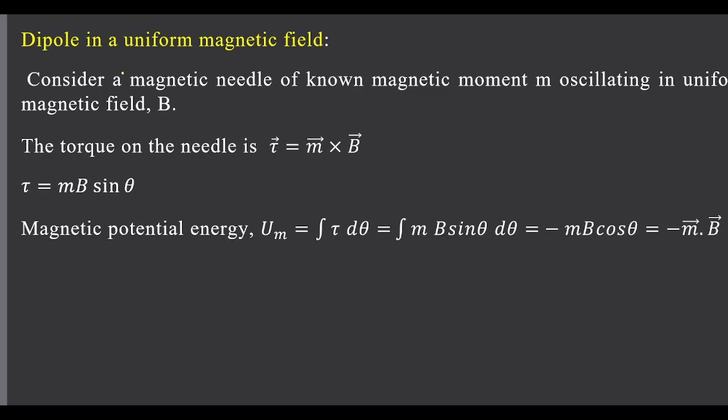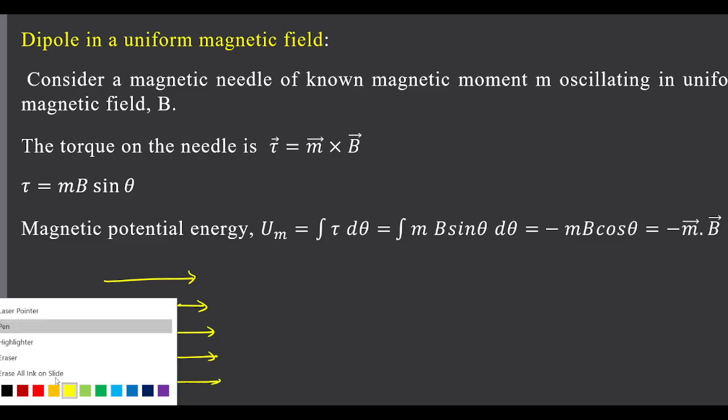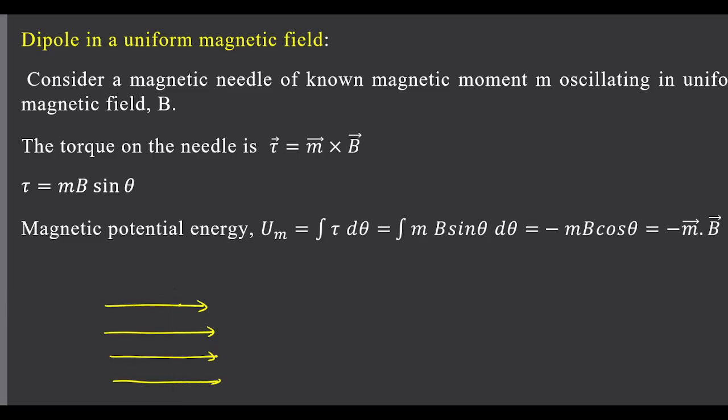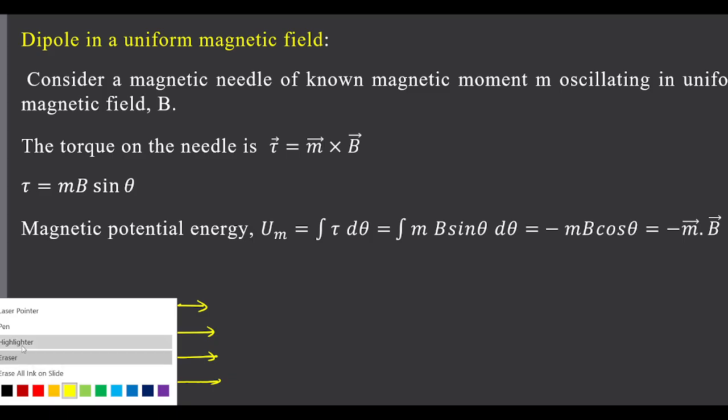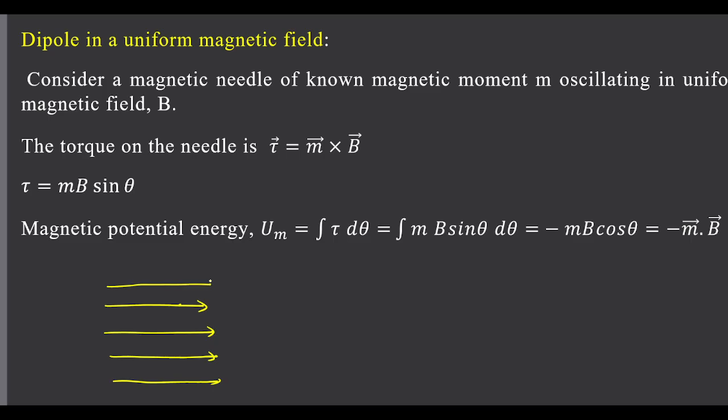Next we have a dipole in a uniform magnetic field. If you consider a uniform magnetic field and take a magnetic bar, let me consider the North Pole is on this side and the South Pole on this side.